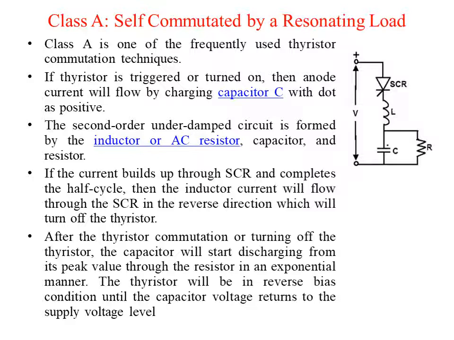So, as soon as the current flows in reverse direction, the SCR will be turned off, and the capacitor which was charged earlier when the SCR was in forward bias mode now starts to discharge through resistor R connected across the capacitor, and the thyristor will remain in reverse bias mode until the capacitor is discharged to the supply voltage level.